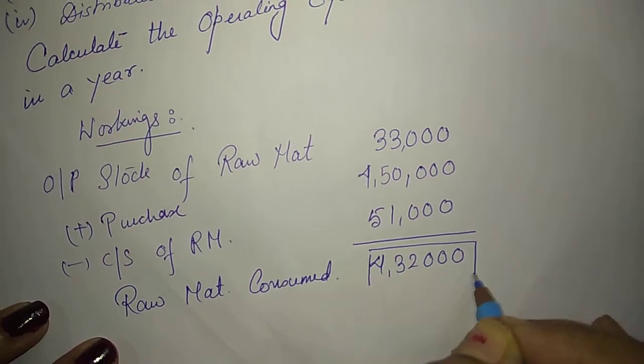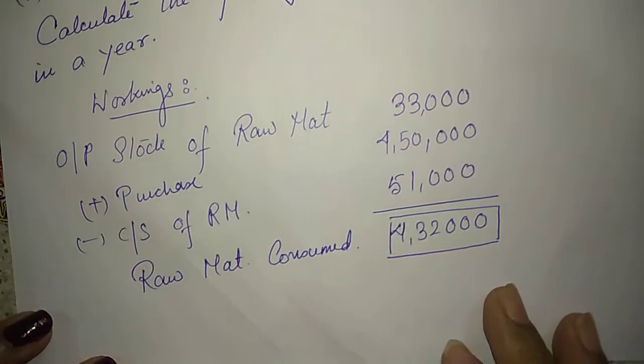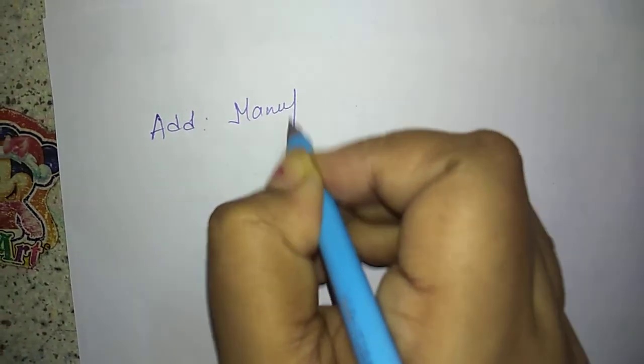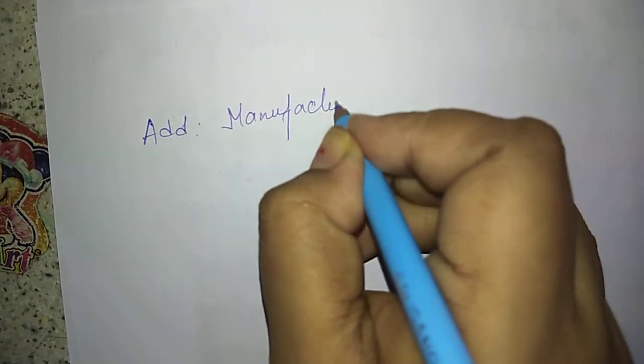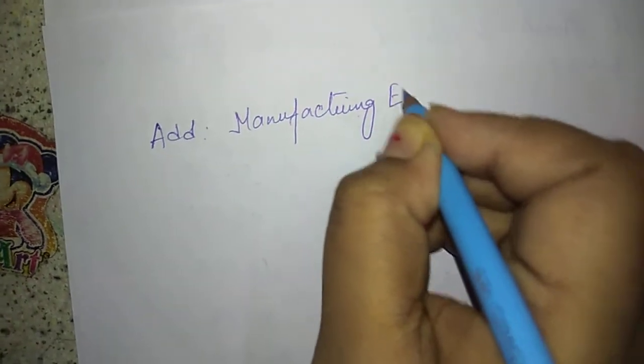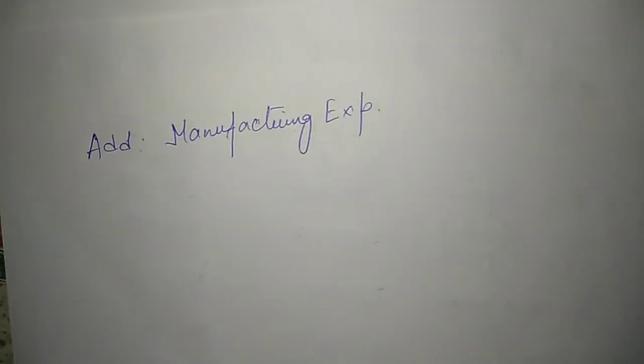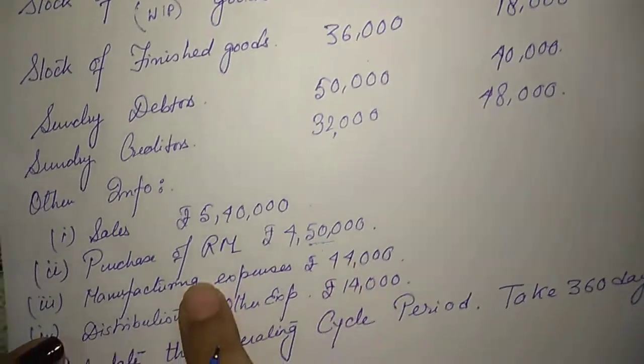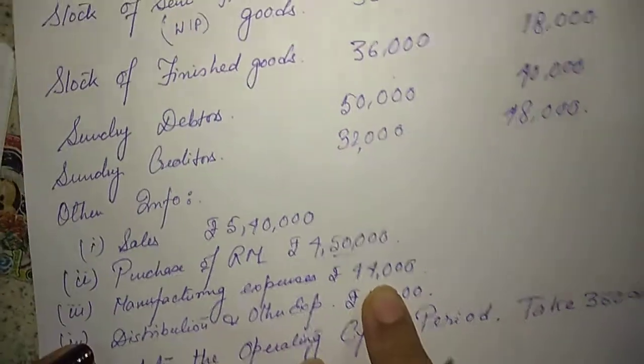I put a bracket to this figure because I'll be requiring this figure later on, but I don't have space in this page. Move on. Then we add manufacturing expenses, because after you have introduced the raw material, you will send it to production, and when you send it to production, you will be incurring manufacturing expenses.